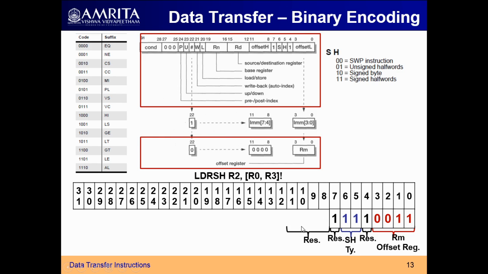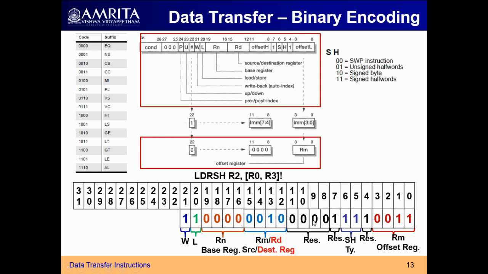You cannot give a shifting operation in this binary encoded format in the case of unsigned half word, signed byte or signed half word LDR or STR. So here the shifting is not possible. So these 4 bits should be zeros. We have already told this. Then the remaining bits from bit number 12 to 21 will be the same. They are used for representing the destination register, base register, load and write back.